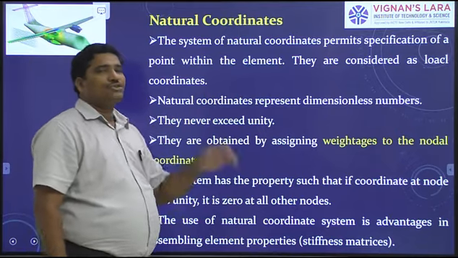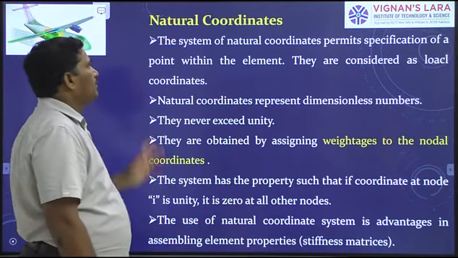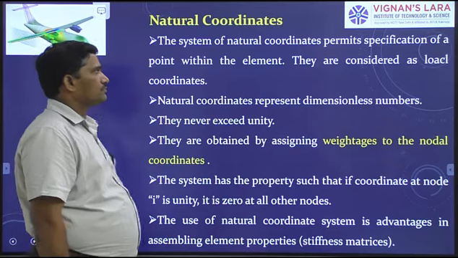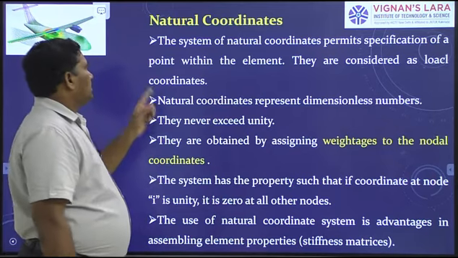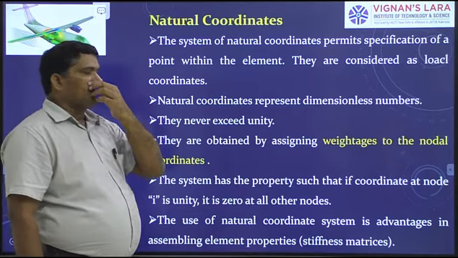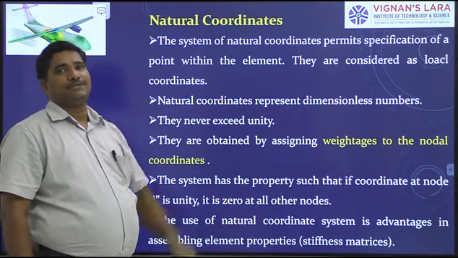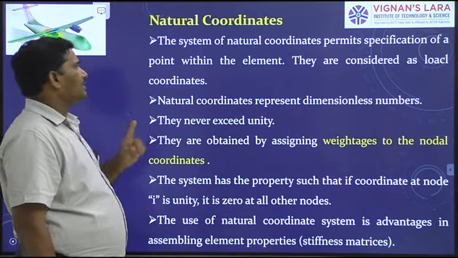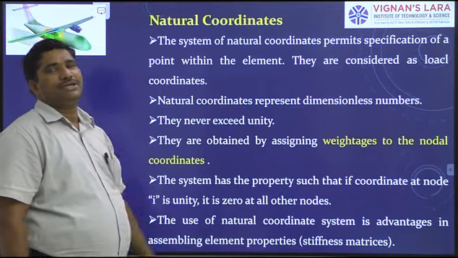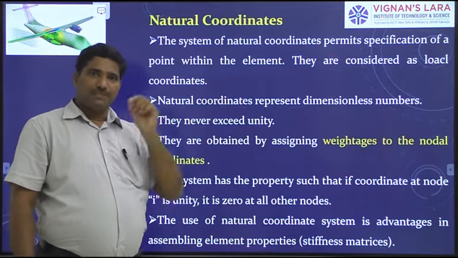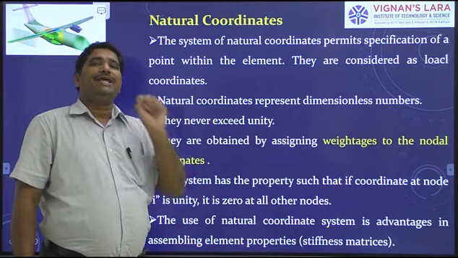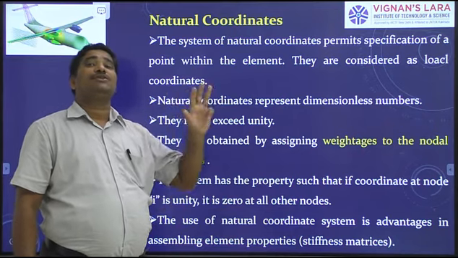Next, natural coordinates are very, very important. The system of natural coordinates permits specification of a point within the element. They are considered as local coordinates. To specify a point within the element, we can use natural coordinates.